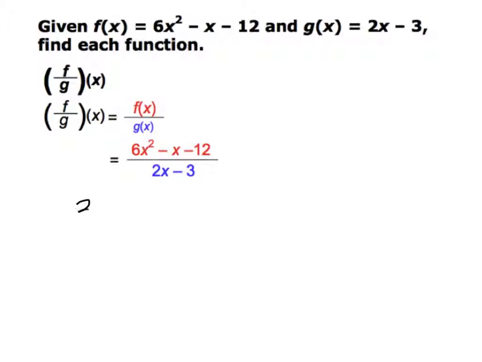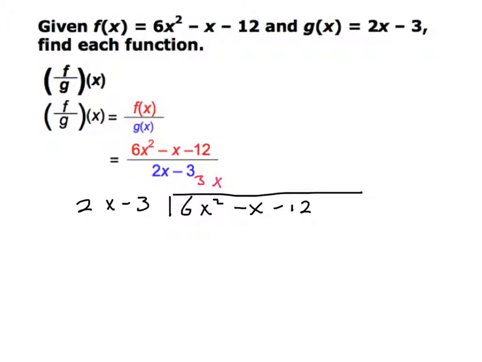So we're going to take the 2x minus 3, and that's going to divide into the 6x squared minus x minus 12. Okay, then you're going to ask yourself, what times 2x is 6x squared? Well, it's going to be 3x.